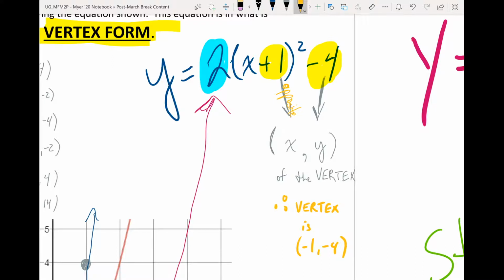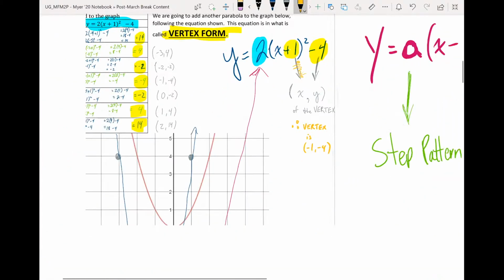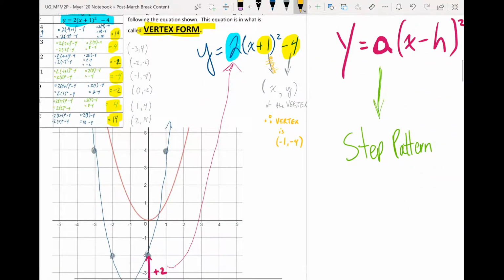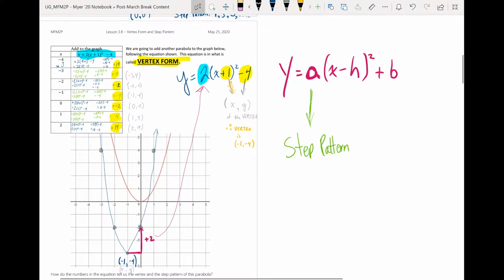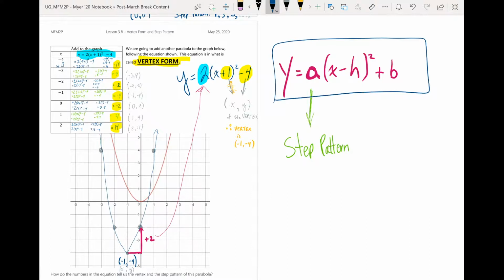If it says +1, the X coordinate is going to be the opposite, so it'll be -1. If it was -1 there, it would be +1 for the vertex. So whatever it is, the opposite is kind of the key thing. So that's what's going on in our standard equation: any numbers in those two spots represent the coordinates of the vertex.